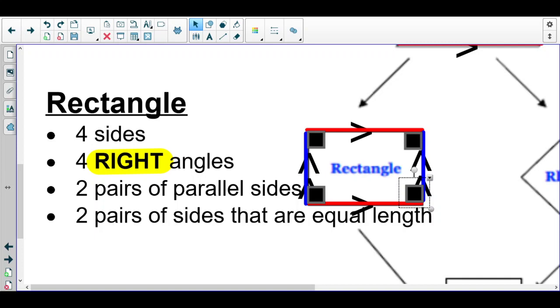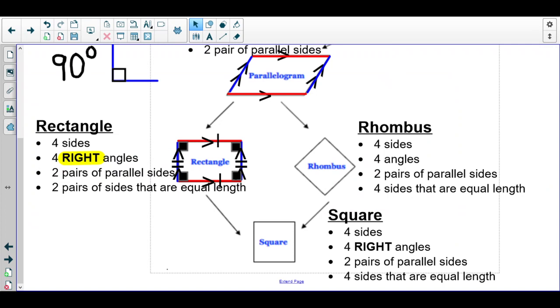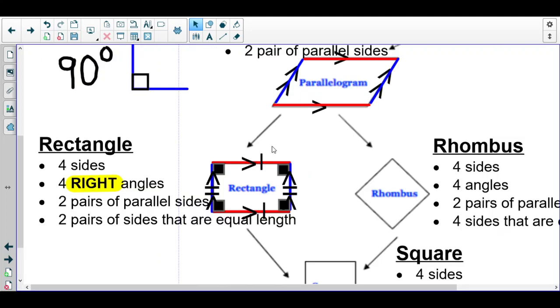And how we determine that is with little line slashes. So let's get those put in. So now we've got our symbols. Let's zoom back in here, and see that we've got four sides, 1, 2, 3, 4, four right angles, 1, 2, 3, 4, two pair of parallel sides, so blue and blue, red and red, and two pair of sides that are equal length.